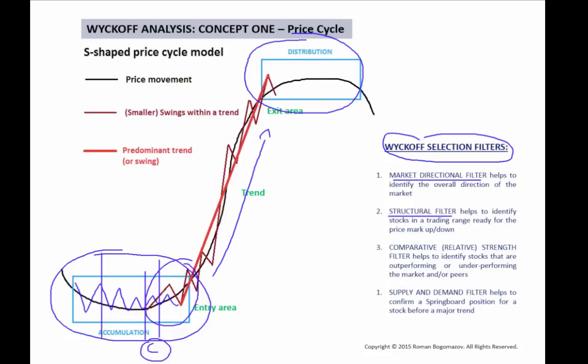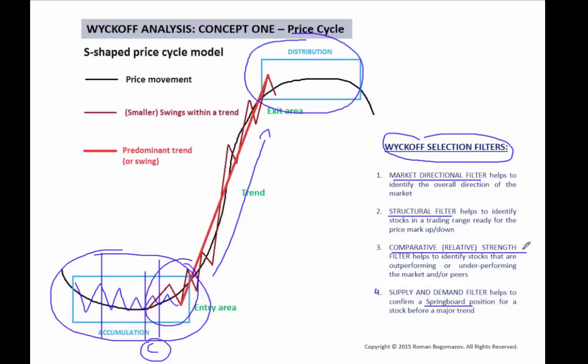We would also look at the comparative or relative strength filter, which will help us to identify the stocks that potentially will outperform or underperform in the next trend up, or in the next trend to the downside. We also would look for the confirmation of the supply and demand as a filter to confirm that we are on the springboard.